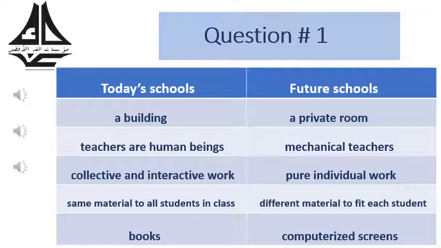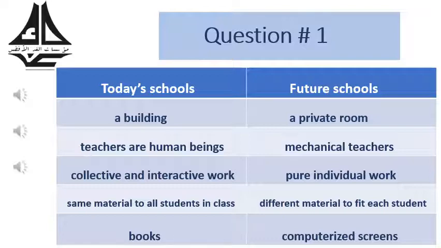Each one of them used to study in his or her private room. Number 2, today's schools, we have teachers, and teachers are human beings. For the future schools, mechanical teachers or robots are expected.